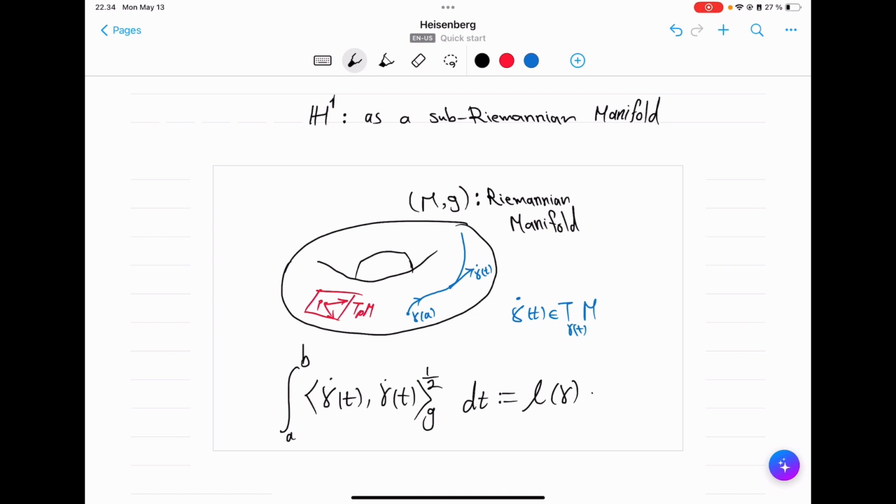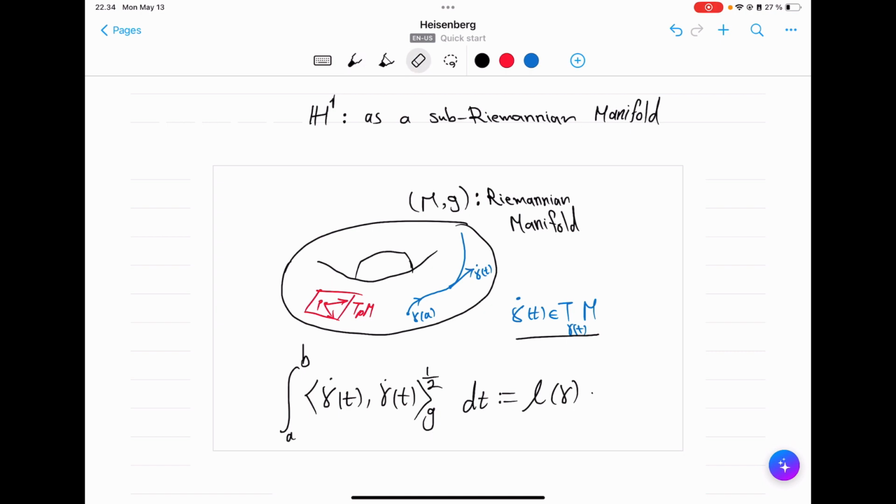This is not a problem for measuring the length of speeds of curves, the length of the velocities of the curves. If we have a smooth curve, which is definable because we are in a smooth manifold, gamma prime is a vector in the tangent space at that point gamma t. Therefore, in particular, we can dot product gamma prime with itself. This G in reality means G, the inner product at the point gamma t.